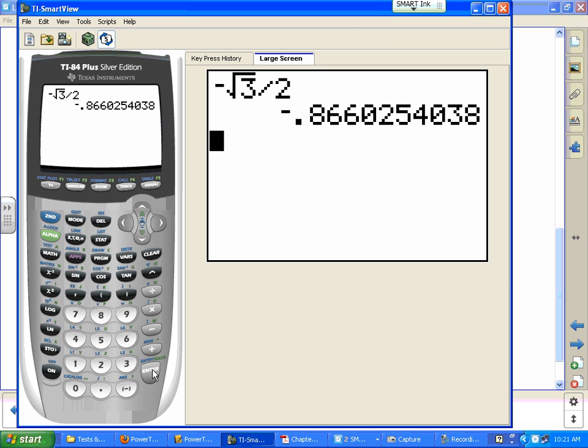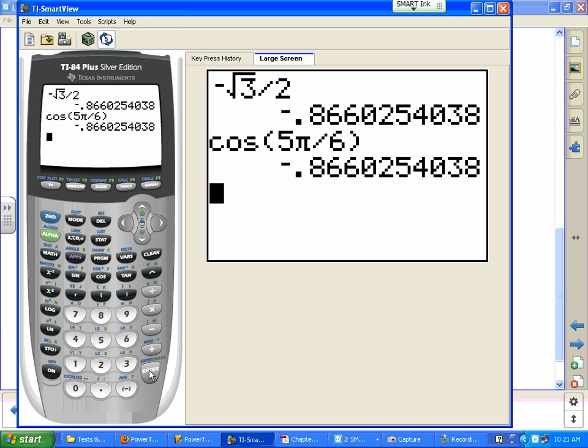Now if I do the cosine of 5 pi over 6, what should I get? I should get that, shouldn't I? I do. So I can check to make sure my answer is correct. You can actually use your calculator to check.